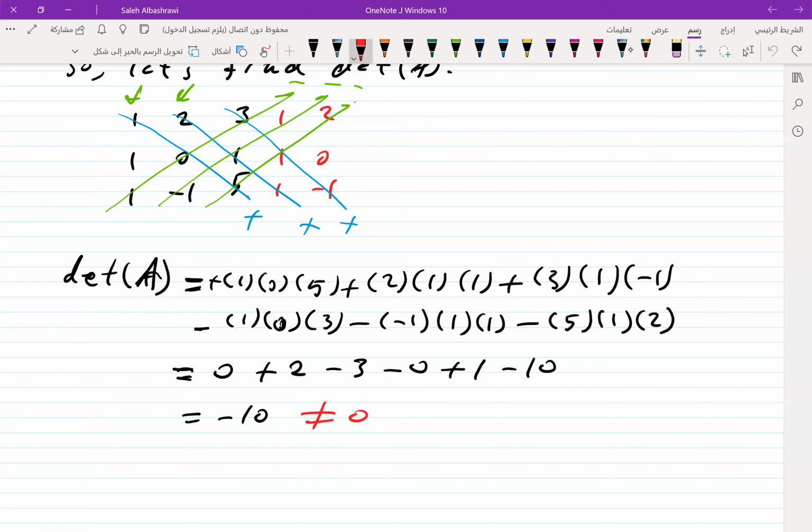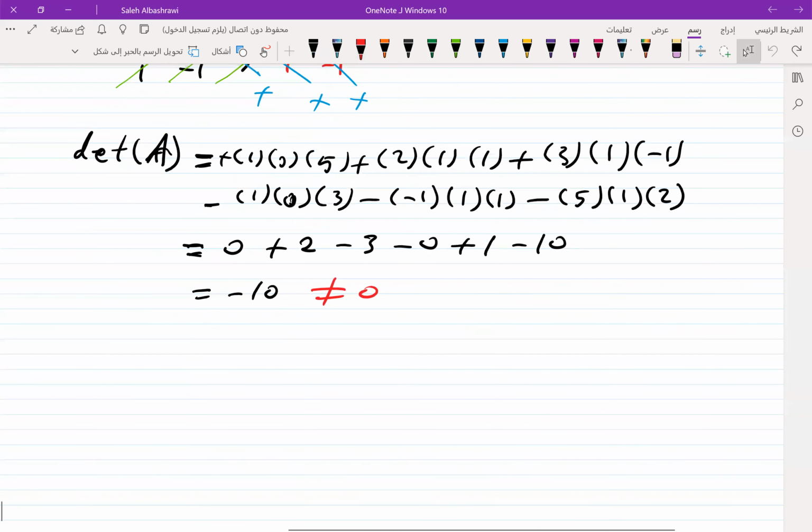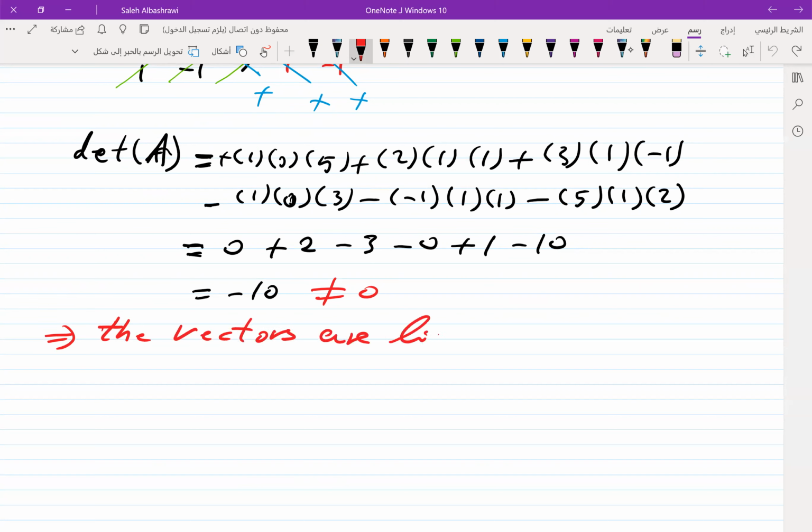Since the determinant of the given matrix is not equal to 0, we can say the vectors are linearly independent.